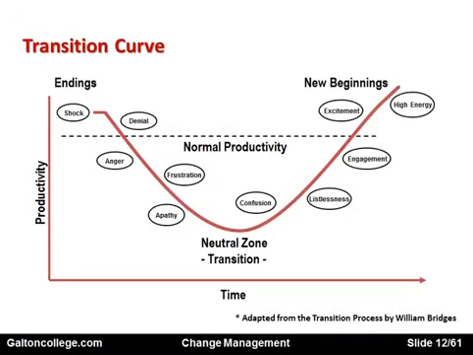Here's a picture I found in a text, and it's a very good illustration of what we're talking about in terms of, let's say, productivity and the transition curve. At the ending of a product, when a product starts to decline and ends, if we look at the left-hand top corner, we start with ending.